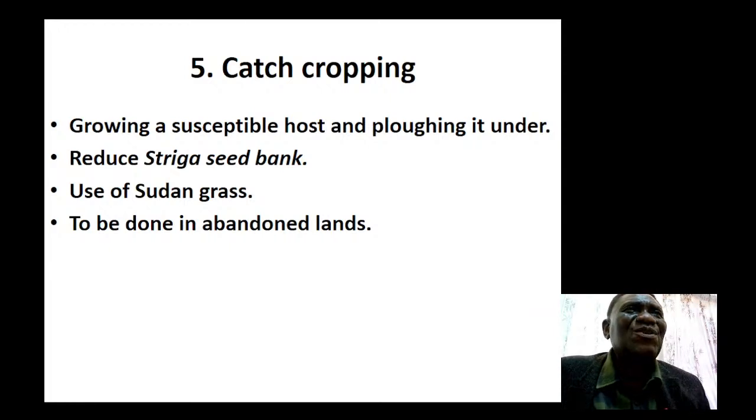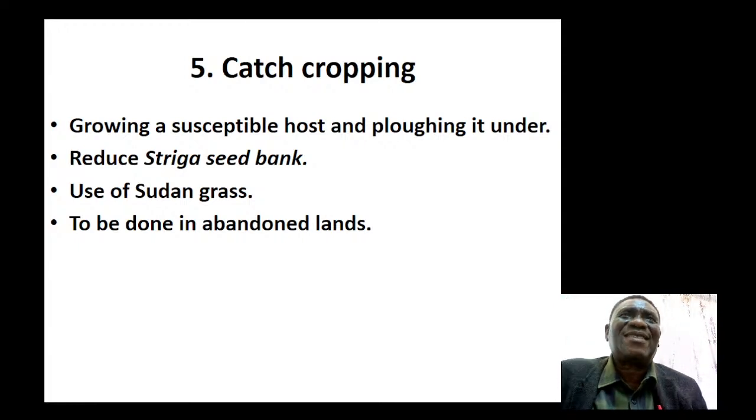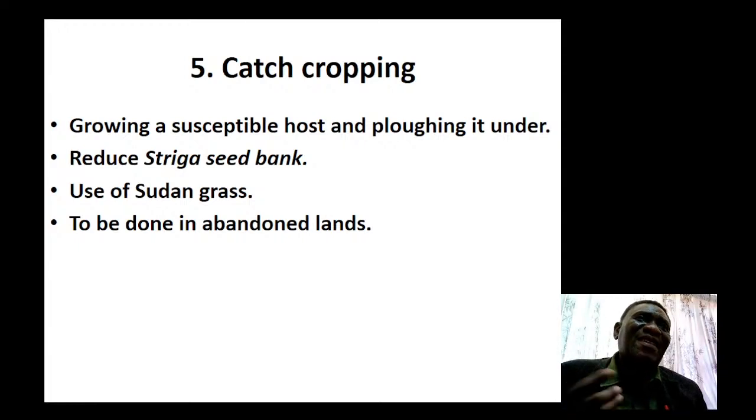They can use the Sudan grass. Probably this can be done to abandon the lands, but I don't think farmers will want to do this. They want to grow something and harvest. Not to say grow this crop, destroy it, maybe after next year you get better yields. I don't think farmers have that patience.